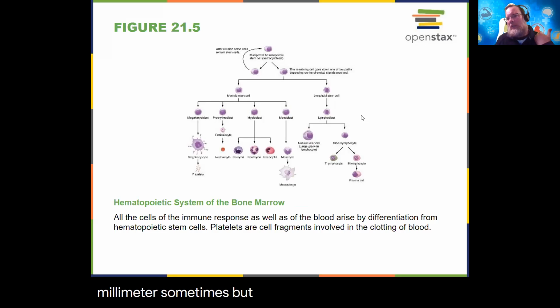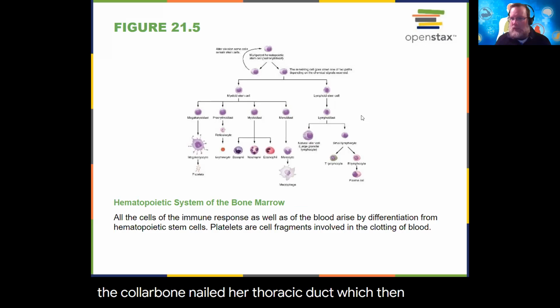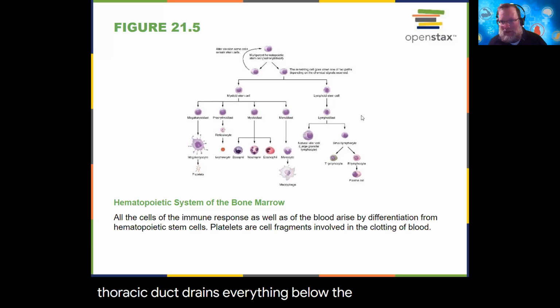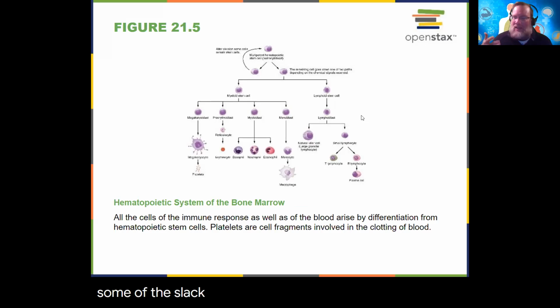The direction of the break of the collarbone nailed her thoracic duct, which then subsequently caused clogging in the back, preceding it. The thoracic duct drains everything below the diaphragm, pretty much, and then the left. So the right side had to take up some of the slack, and it couldn't.